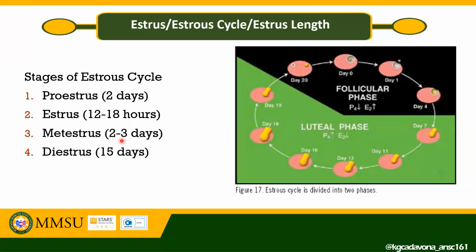Then kapag metaestrus naman, characterized siya by the development of the corpus luteum and production of progesterone. So nag-i-start nang maging pregnant yung animal. And then for the last portion of the estrus cycle, which is the diestrus, dito na yung period in which the animal's body determines or detects pregnancy. Okay? And the primary hormone na napoproduce dito is, ano na ulit?